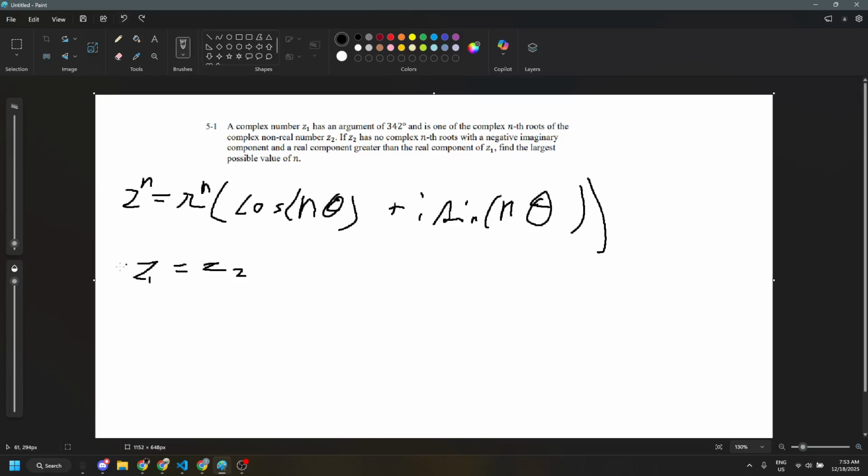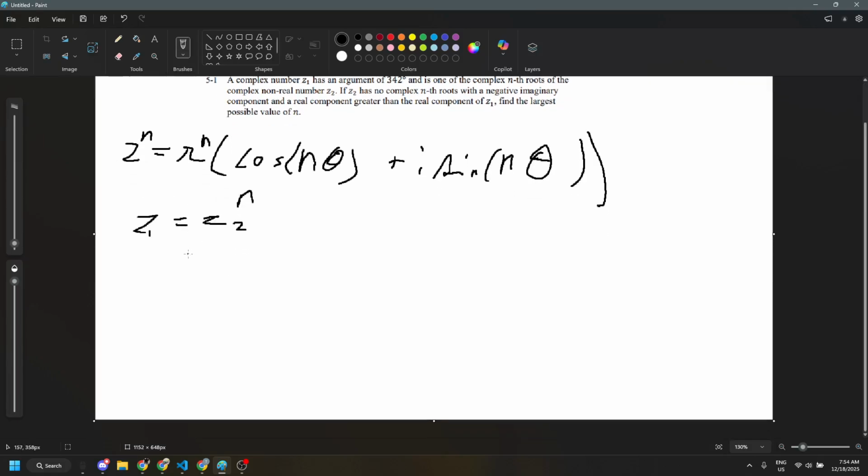If this is the root, then it would be the nth root. So z2 to the n equals z1. A complex non-real number z2. Yeah, z2 has no complex nth roots with an imaginary component and a real component greater than the real component of z1.